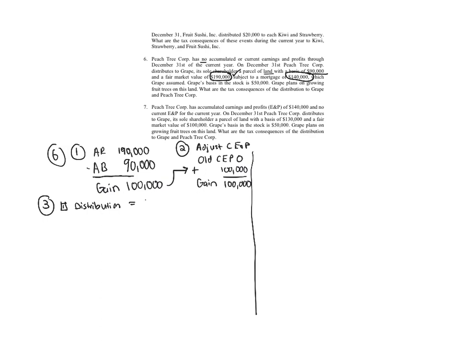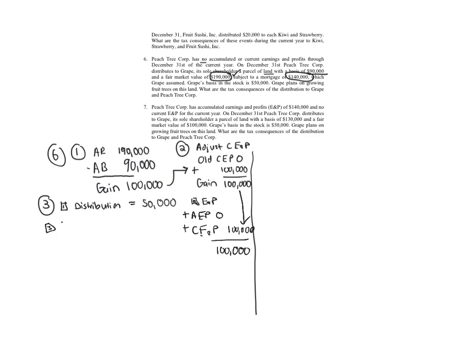The distribution amount equals $50,000. Part 2, the E&P analysis. We've got accumulated E&P of 0, current E&P after step 2 of $100,000. When we have positive and positive of one owner, we add them together and look at that. We have $100,000 of current E&P.